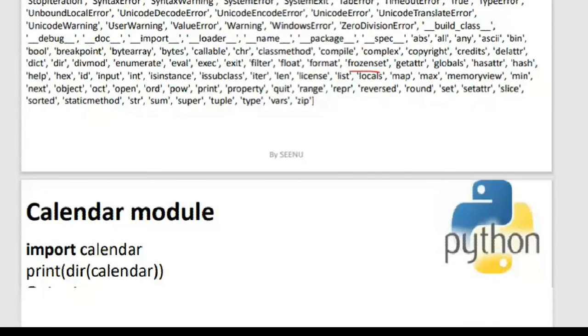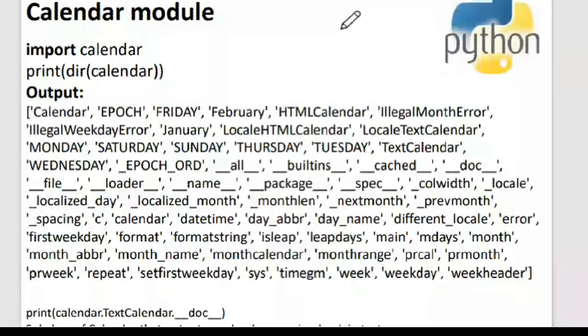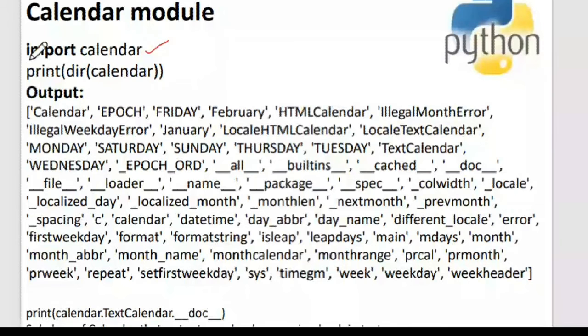The next is the calendar module. I'm just discussing this so that it will be interesting for you. To get the calendar module into your program, I'll say import calendar. Then I wanted to show you the identifiers in the calendar module first. So dir calendar.